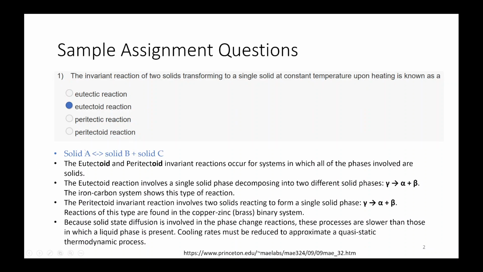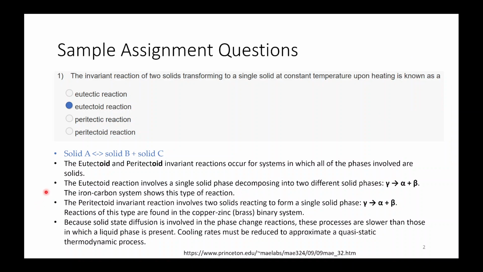We can explain this by saying that when a solid A transforms into solid B plus solid C, which also occurs in the iron carbon system, this is your eutectoid type of reaction. The eutectoid and peritectoid invariant reactions occur for systems in which all of the phases involved are solids.